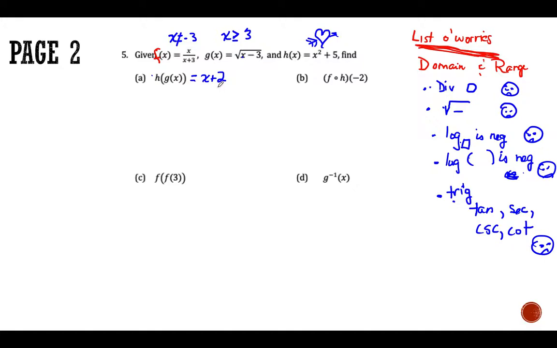But you used a function that had domain problems. So you are responsible for saying, by the way, x has to be greater than or equal to 3 here as well. That's fine print. On your list of worries is domain and range.